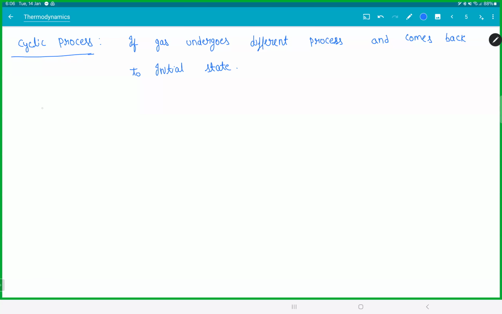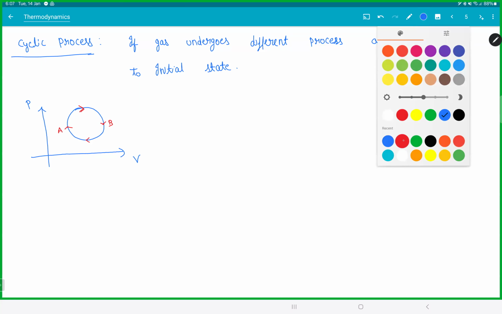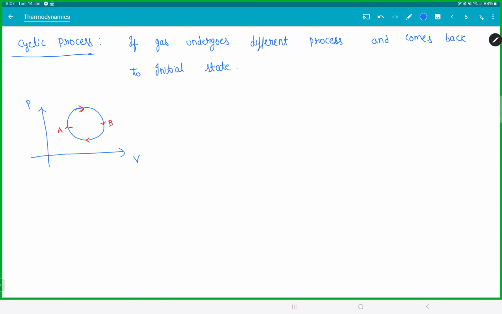So how do you find work done in this? For example, if you take a PV graph, this is a cyclic process. So let's say this is A, B. So the process is going like this. Now see how to find the work done for this. Let's split this into two parts.